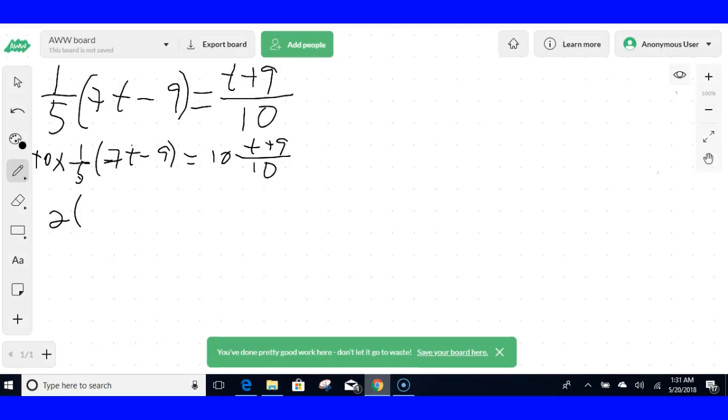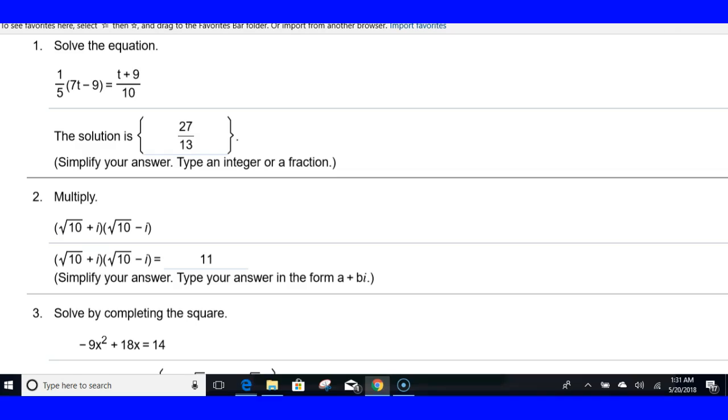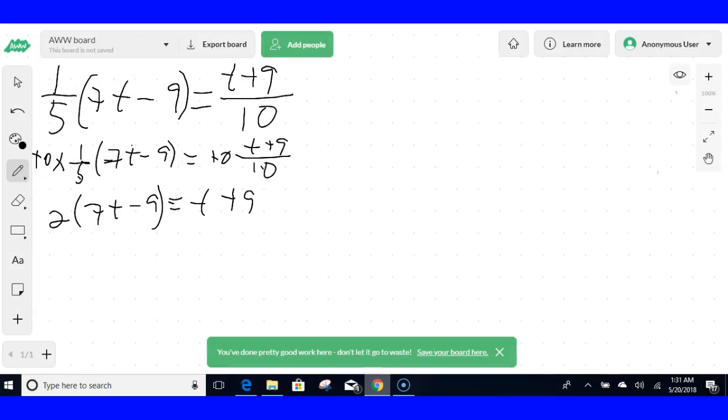Let's cancel out, so we can use distribution here. 2 times 7 is equal to 14. 2 times -9, that's -18.